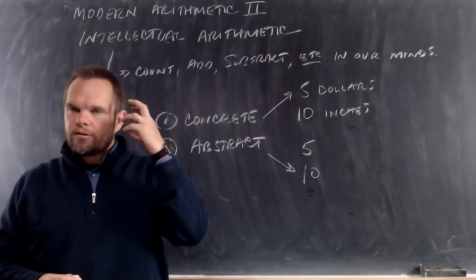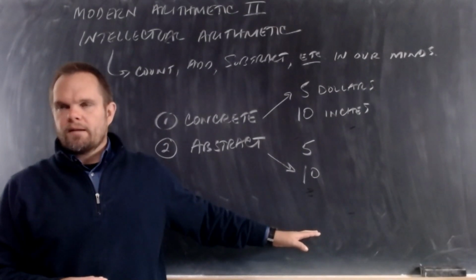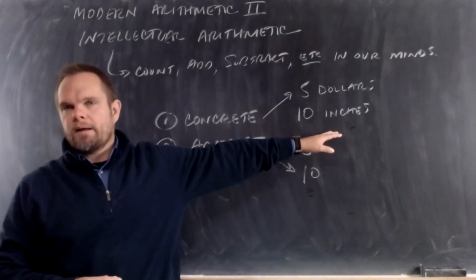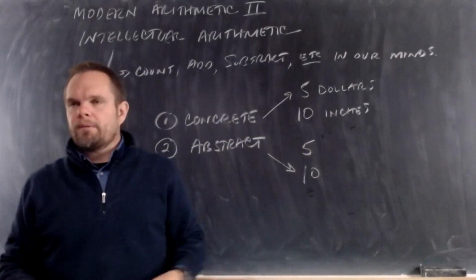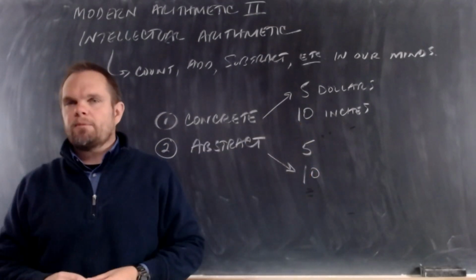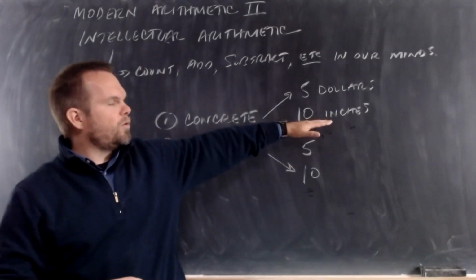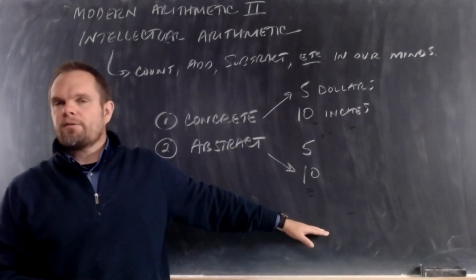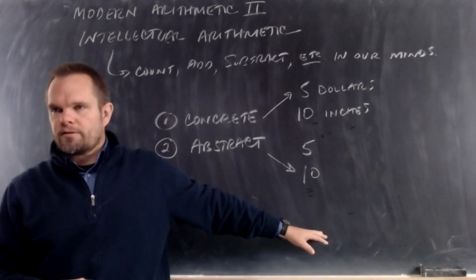So we want to learn to think with abstract numbers, and then we can talk about concrete numbers. Okay? You understand that? But when you're a little baby and you're just getting started in math, the only way you can understand numbers is to think about objects. Now we're trying to move from objects just to thoughts about the numbers themselves.